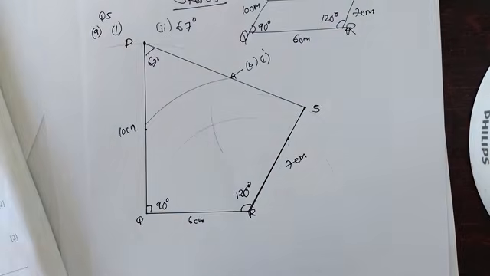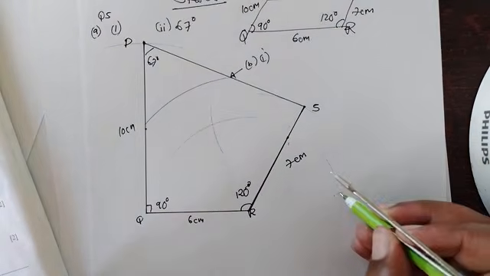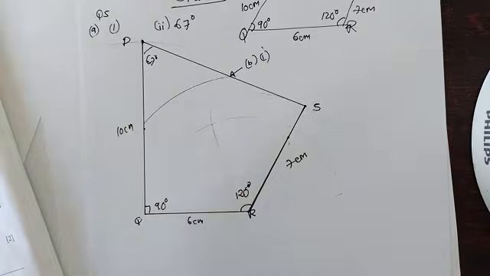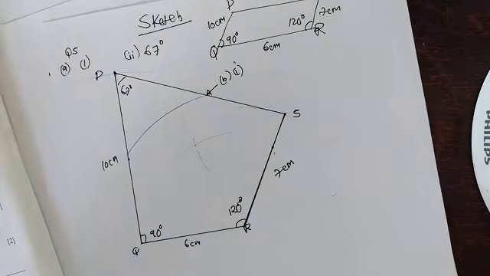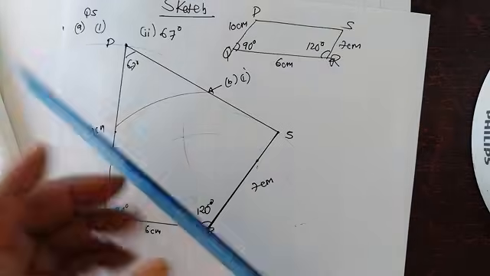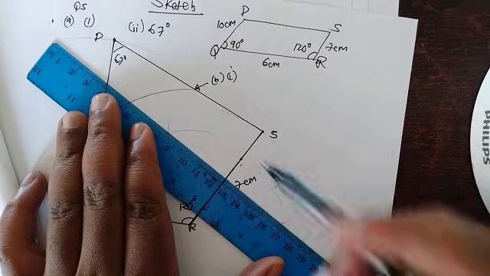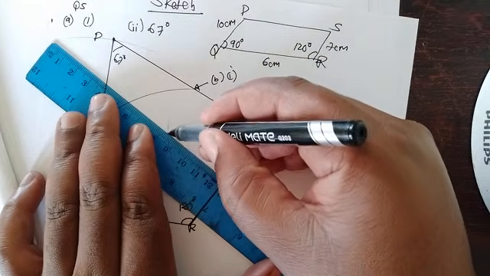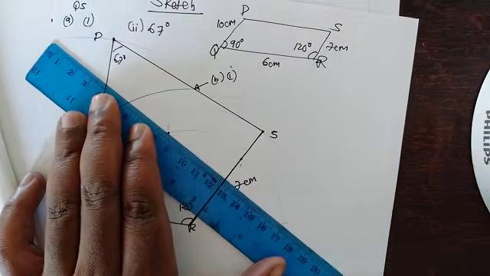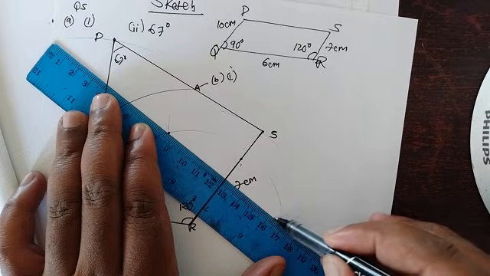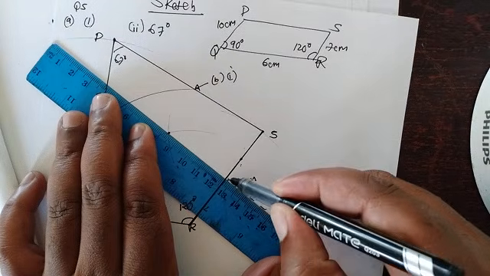Let them intersect somewhere. So here they're intersecting at these 2 points. So you draw a line like that. From here, you can even do dotted lines because they are not needed.